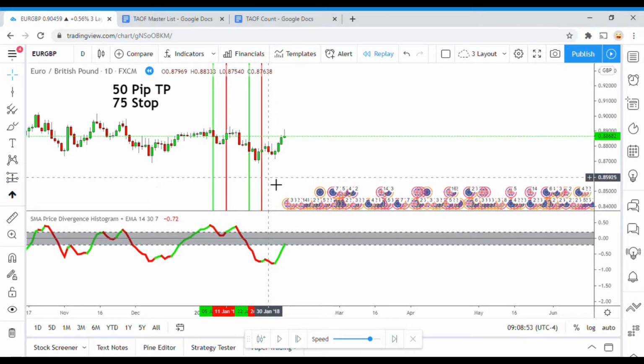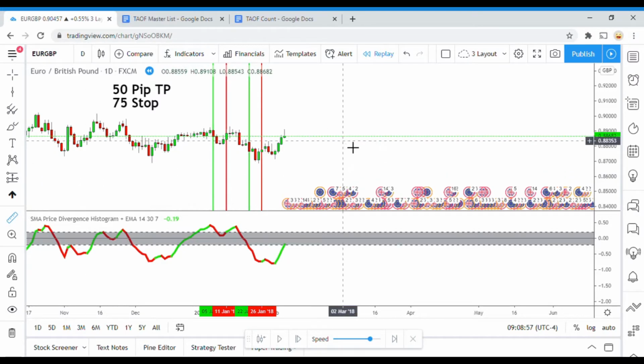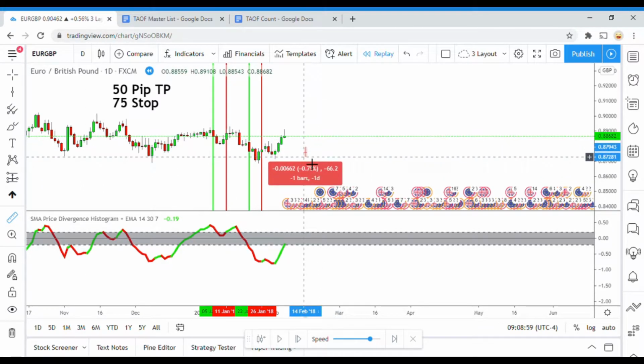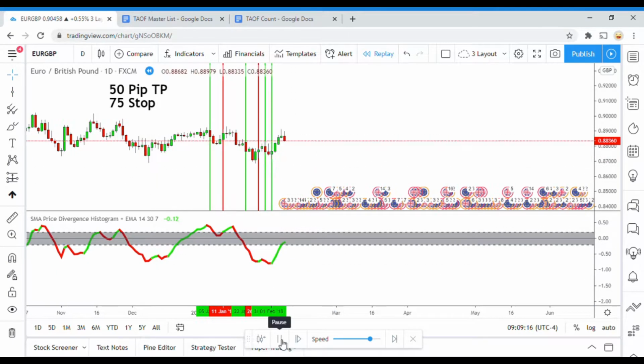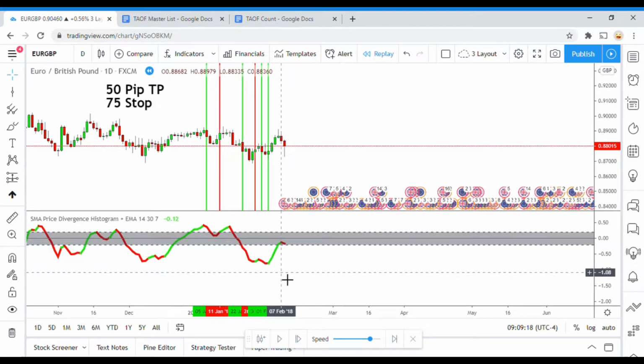Let's see this one here. Would have picked up a win on that one. And it gave us another signal there, and we would have picked up a win on that one. So far not too bad.